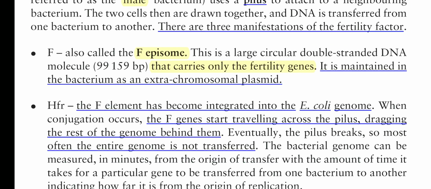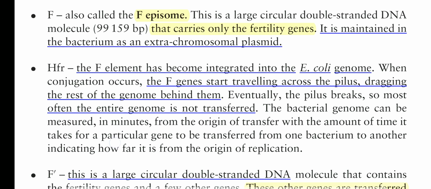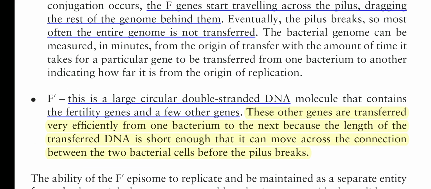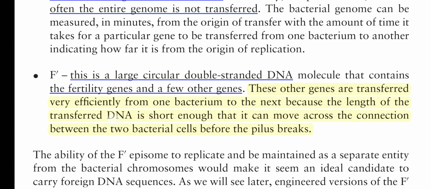There are also F episomes that carry only the fertility gene, then Hfr, dragging the rest of the genome behind them, where the other genes are transferred very efficiently from one bacterium to the next because the length of transferred DNA is short enough to move across the connection between the two bacterial cells before it breaks.